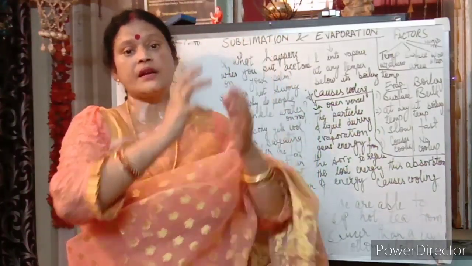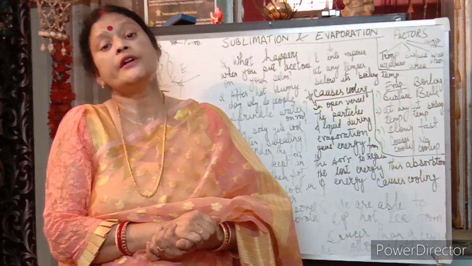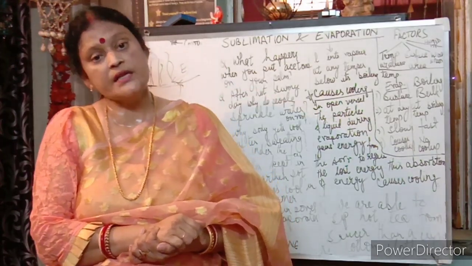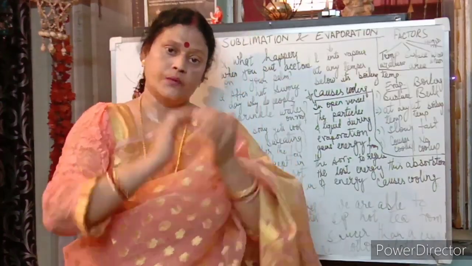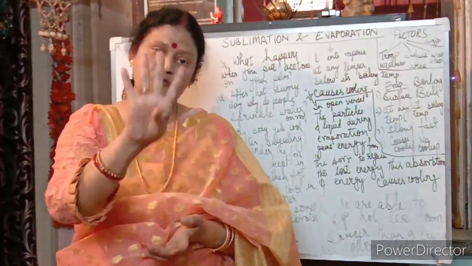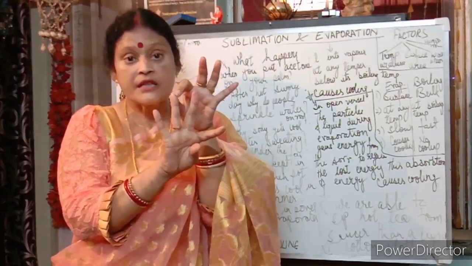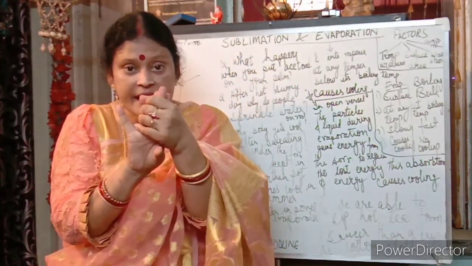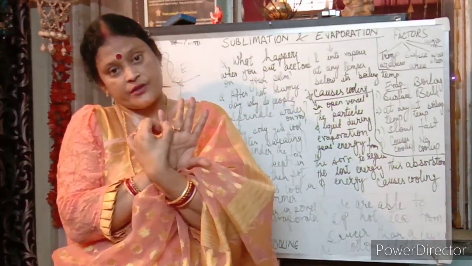Already there is water vapor in the air during the rainy season. This is known as humidity. So the evaporation rate is slow. Clear? So these are the four factors. Temperature, wind speed and surface area increase the rate of evaporation, and humidity decreases the rate of evaporation.